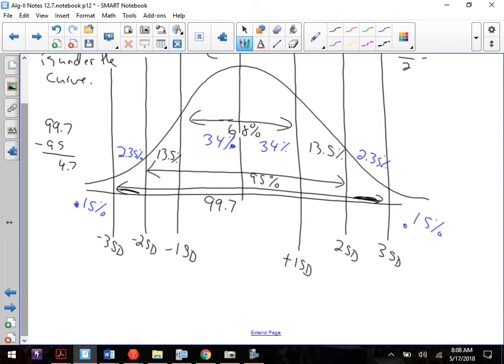So let's see here. So what I would do is this, is that we know it's going to be bell curve.